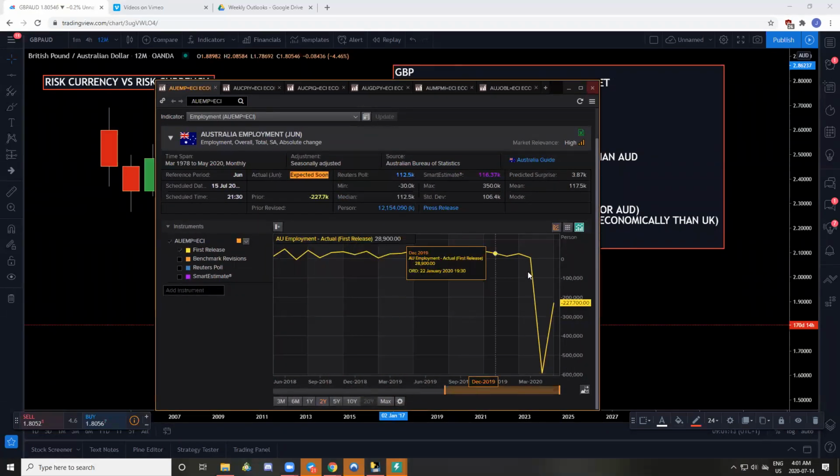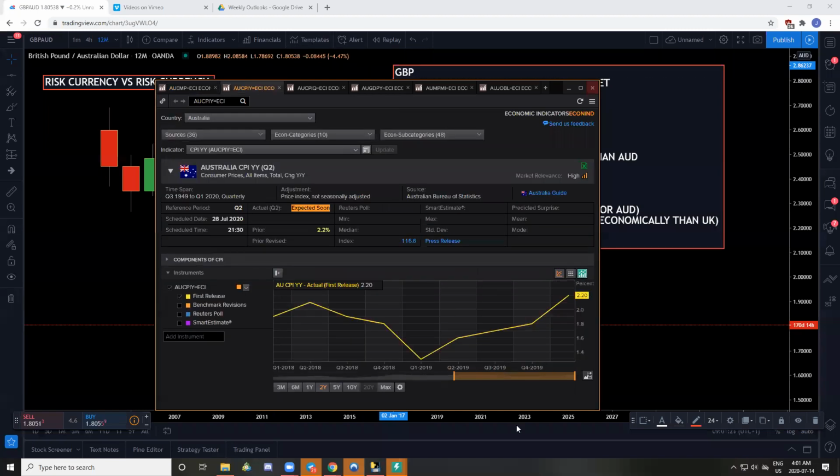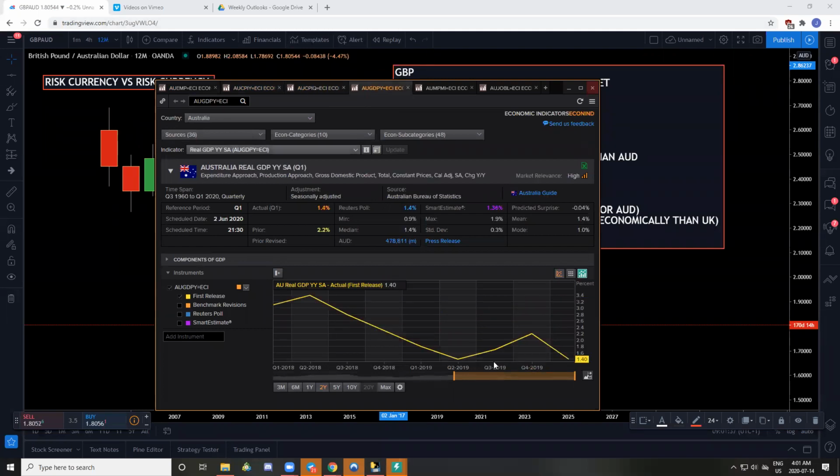They had a massive spike down in employment, of course, when coronavirus came up, but we are showing better signs of recovery in AUD. The consumer inflation is not as extremely weak as what you're seeing in GBP, of course. And this is the drop that happened with coronavirus, so it wasn't as heavy of an impact.